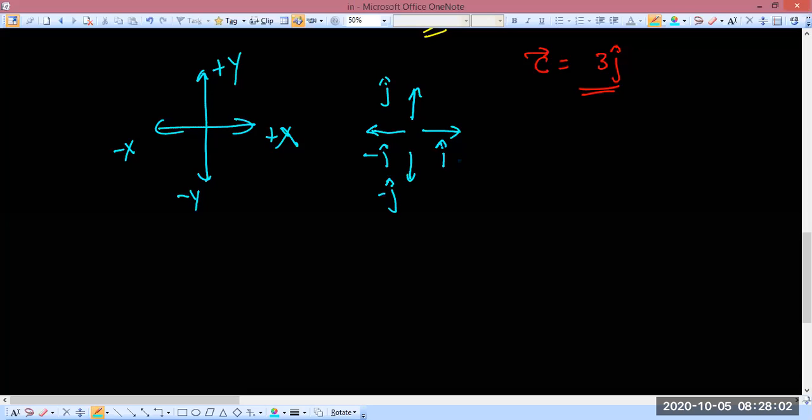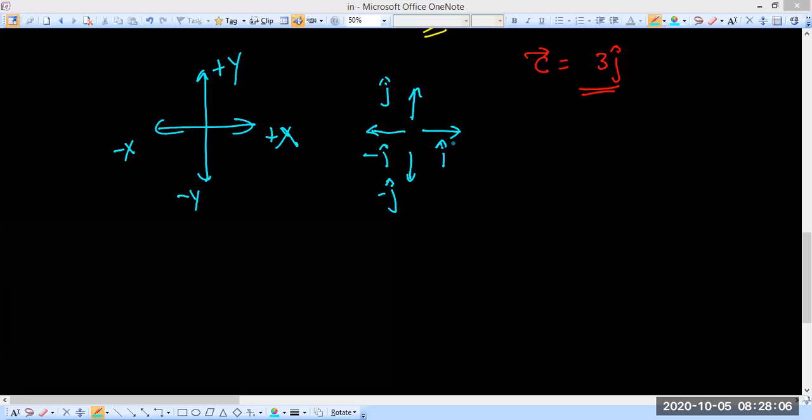I hope this is clear. Raj, what are you saying? Why did you write that? Okay, you are putting a comma. Yes, there is a comma, correct. That's how you can do it, right?